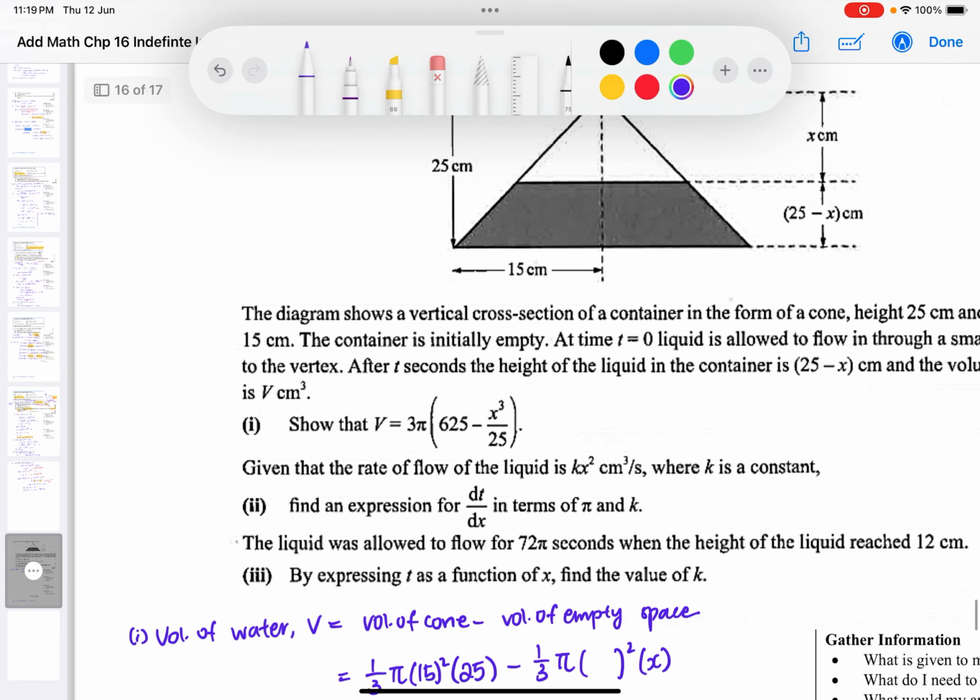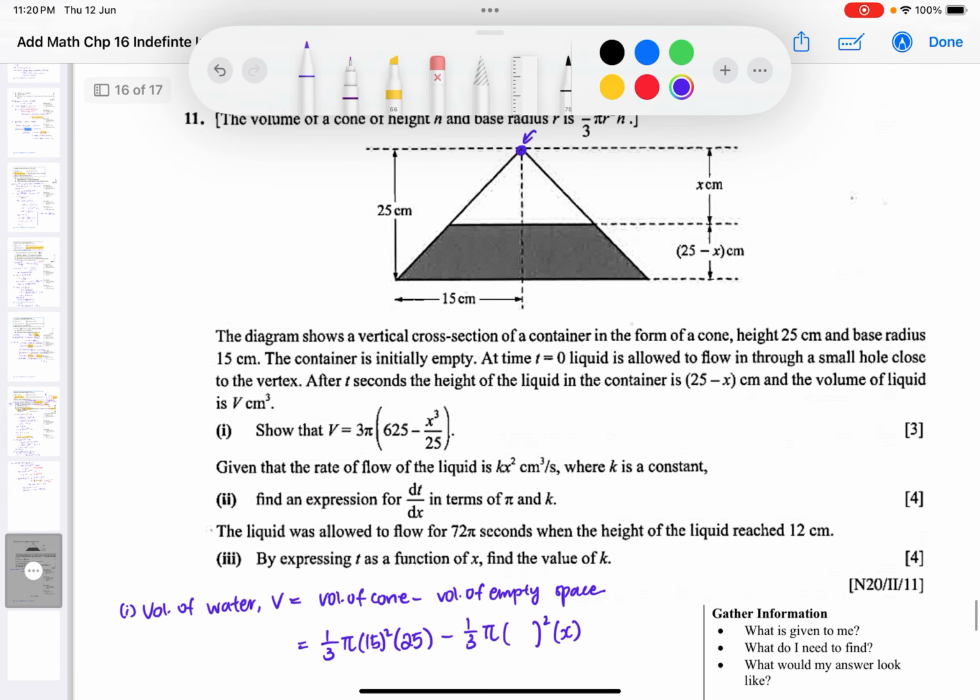So let's stare at our diagram for a while more. I need an expression for this radius, which I don't have. And if you look at the clue in the question, show that V is equals to this, you realize that it's only an expression in terms of pi and x. There's no other variable r involved, right?